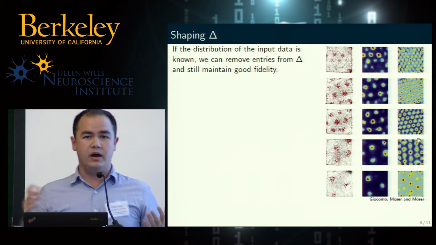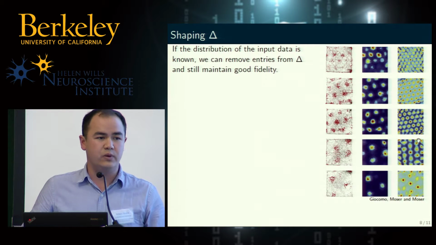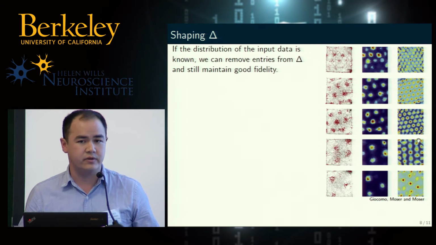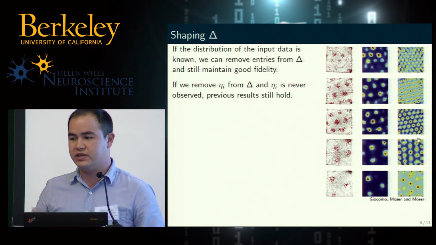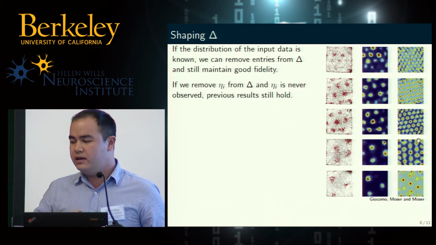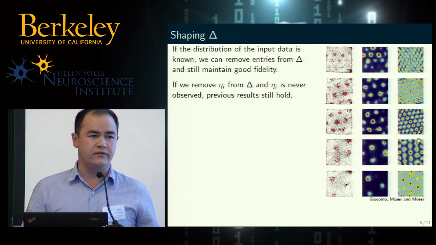The first one is sort of a classic idea. If you know the distribution of your inputs, you can shape the fidelity of your coding to match that distribution. In particular, if we remove stuff that we never see, that's just impossible because of the structure of our input, then we can do this reduction without losing any information.